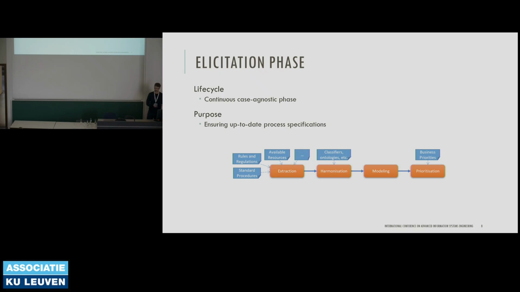Violating one might have very serious side effects, while violating another might be, well, it happens. So we kind of have to think about what is the importance of the specifications that we are dealing with. And of course, we need a place to put them in, which in our case is the specification repository, also going to be connected to the extraction step and harmonization step.